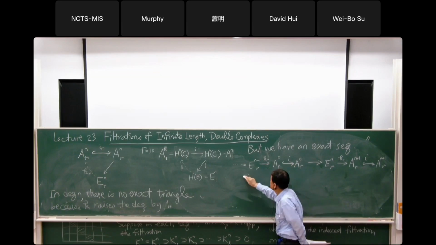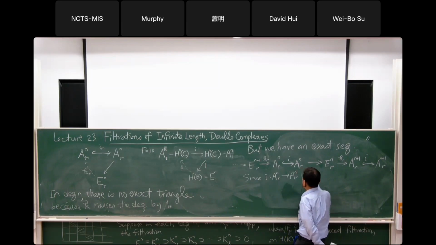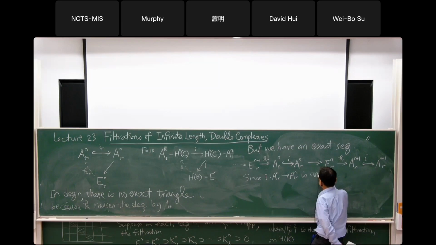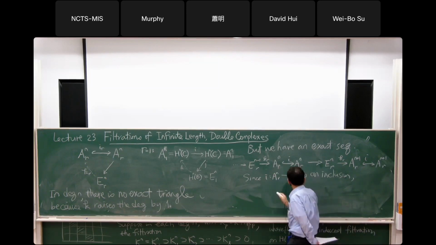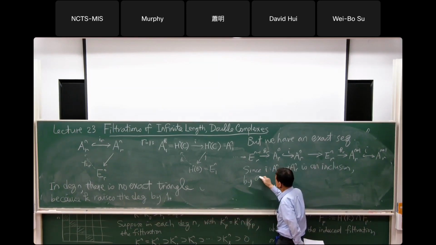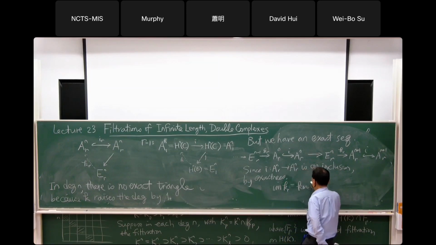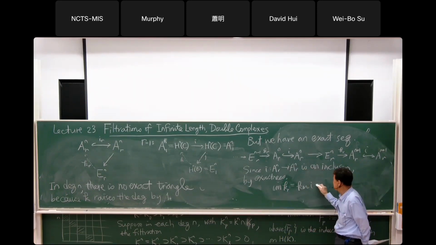So, since I is an inclusion, and the sequence is exact, the image of K^R is the kernel of I, and the kernel of I is 0.